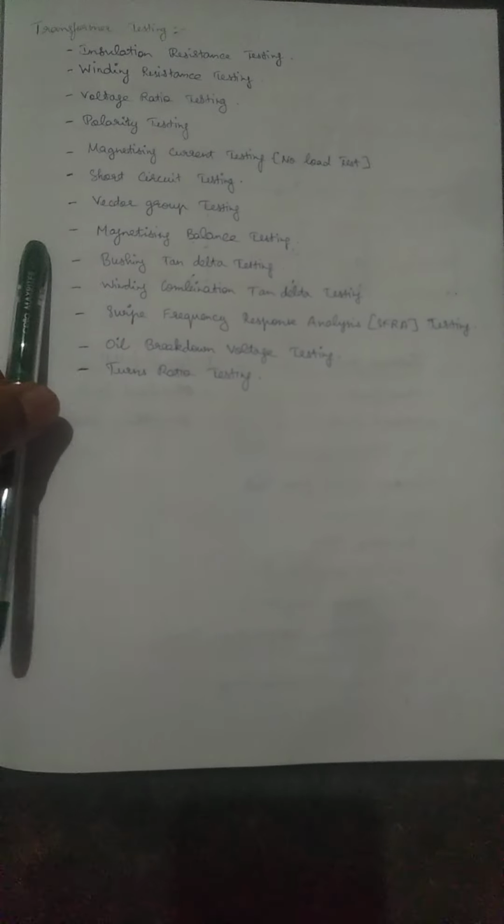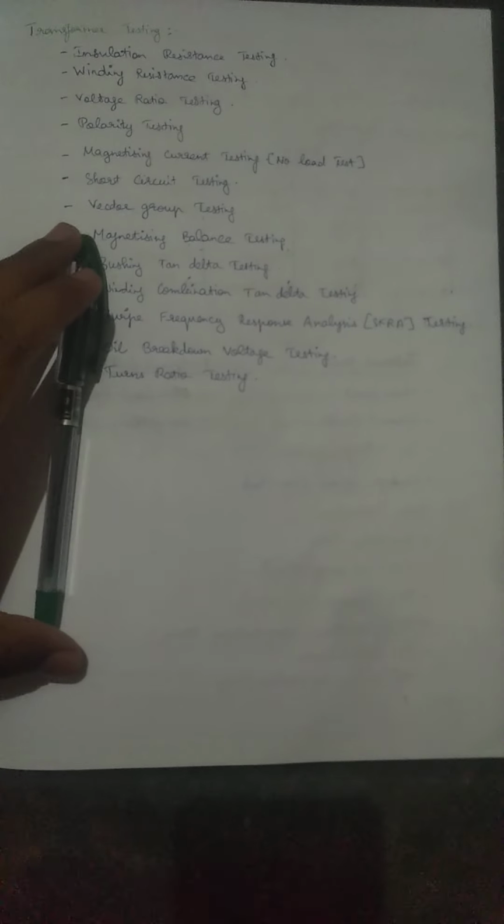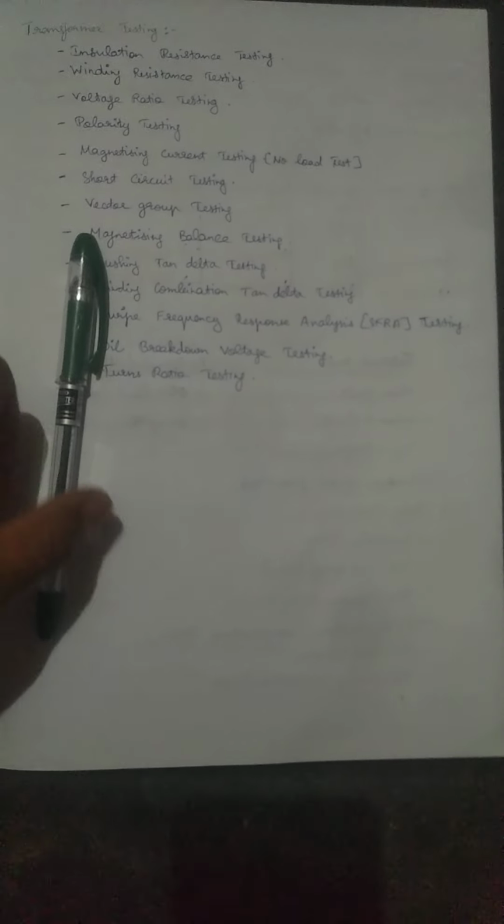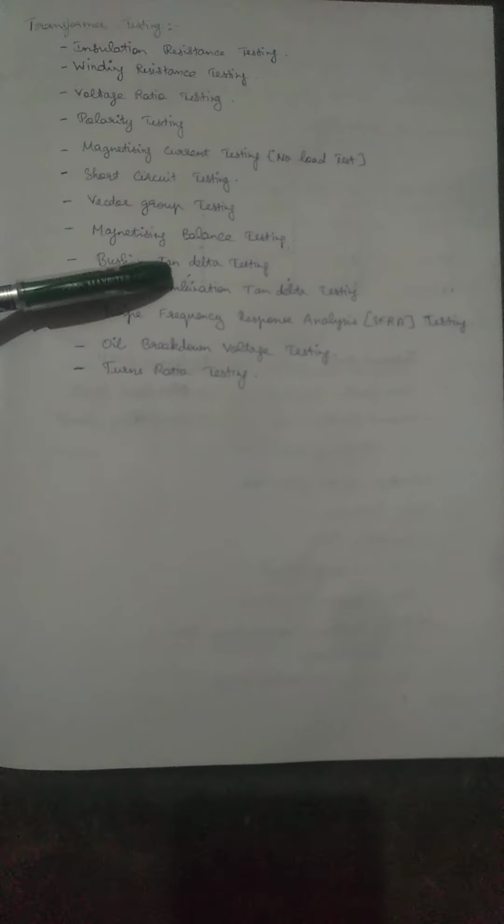For example, in our transformer bushings, the insulator is between our conductor and our transformer. While conducting, the insulator will carry some charges. That capacitor capacity should be checked by the tan delta testing only.